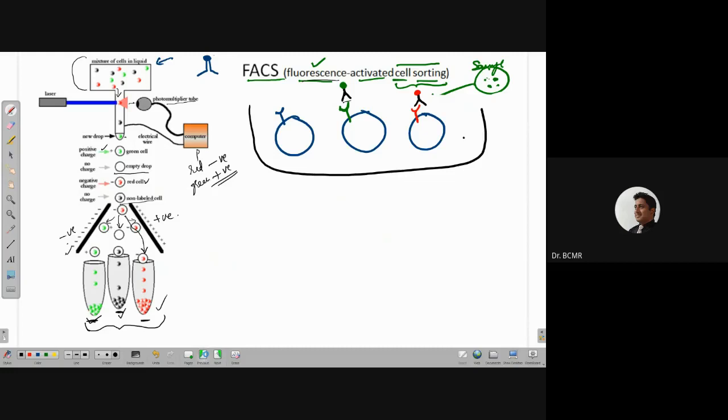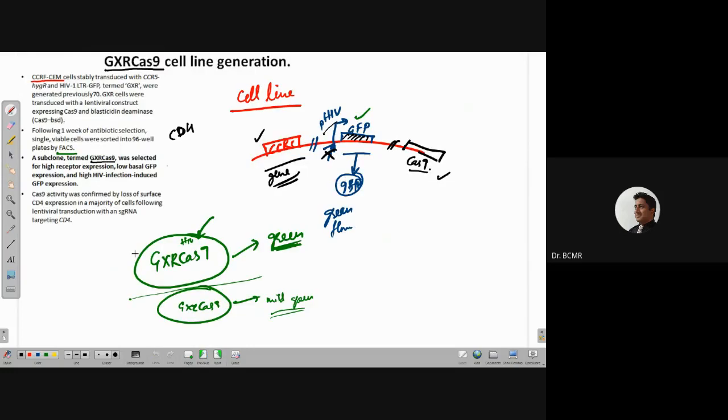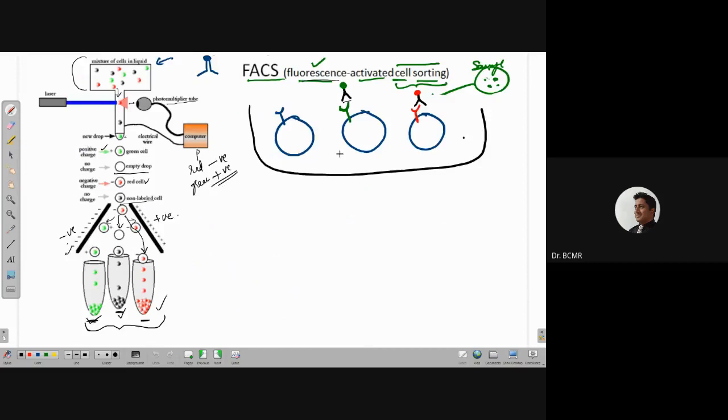In this particular paper, these people already have green fluorescence within the cell, so you don't need to add any antibodies like I described here. The cell itself can be in 3 different states: those cells that do not have any fluorescence, those that have a little bit of fluorescence, and those that have a high rate of fluorescence, right?